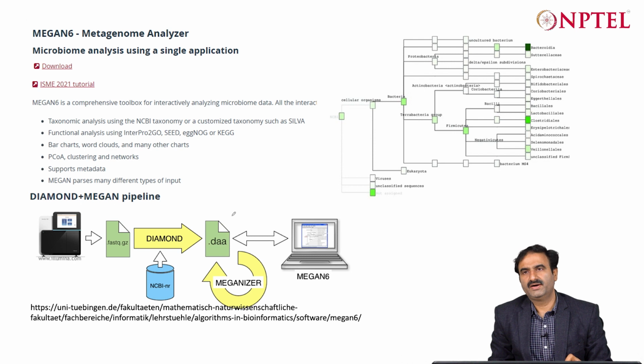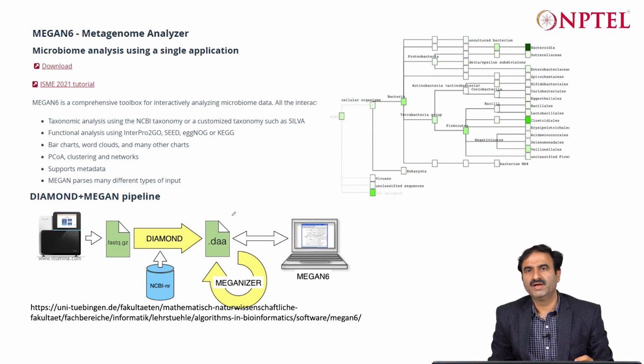There is a tool called MEGAN. MEGAN 6 is now there, and it is an automated pipeline, or you can also install it or use it at their site to analyze your metagenomic data.